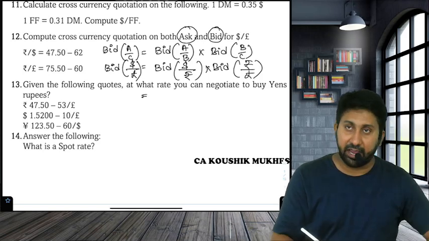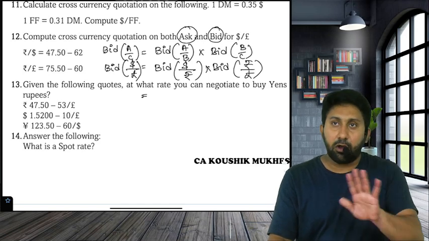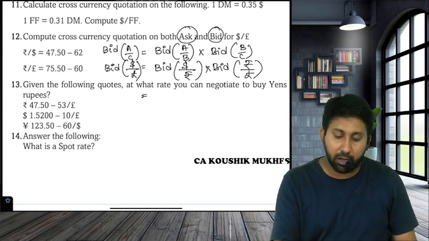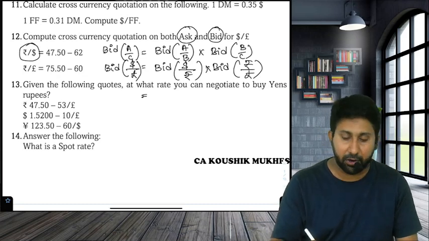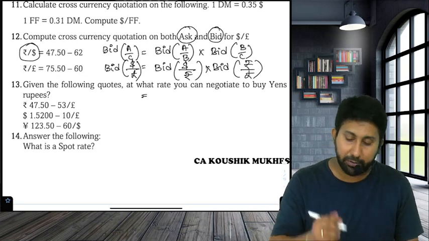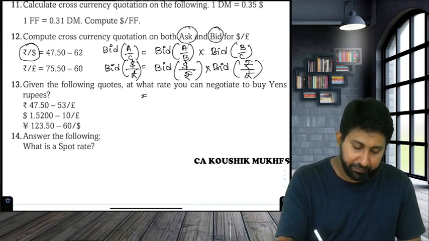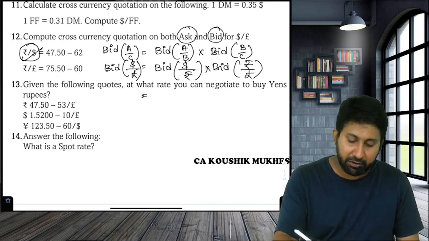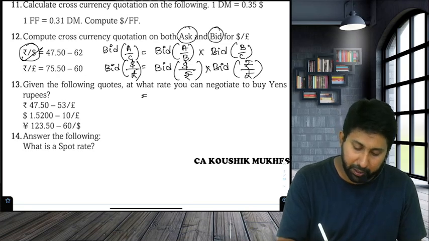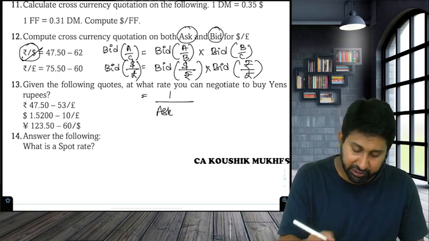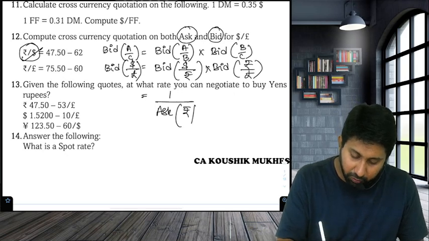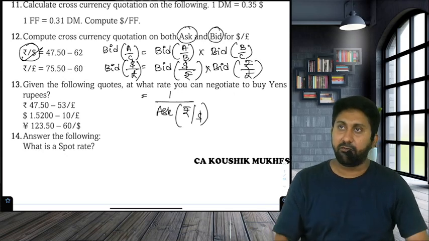Now listen carefully. We need bid of dollar by rupee, but bid of rupee by dollar is given. How to calculate? Yesterday I told you about currency conversions: 1 by ask of rupee by dollar.